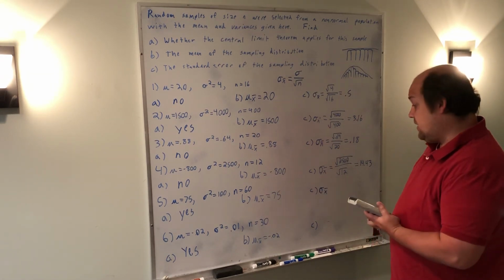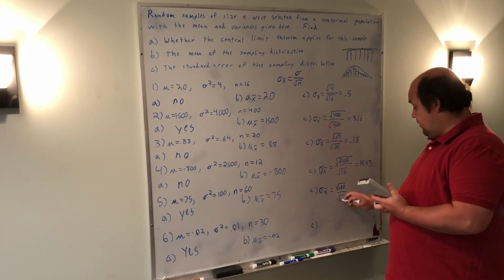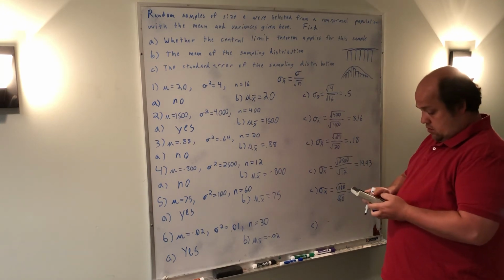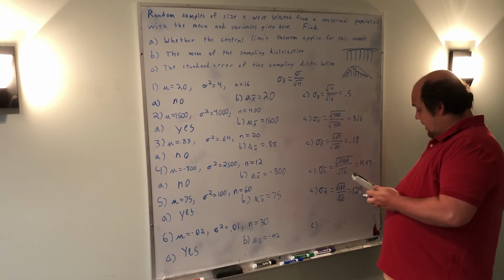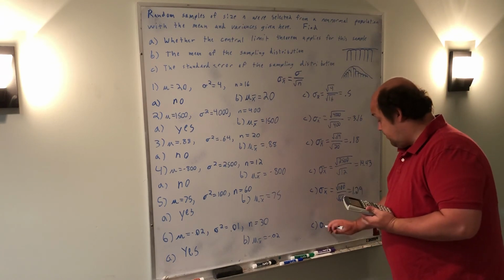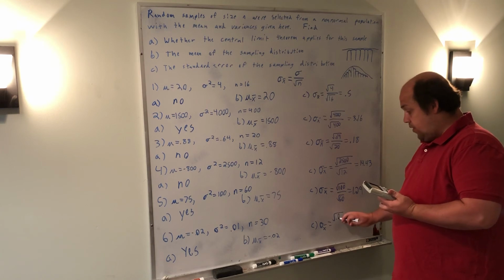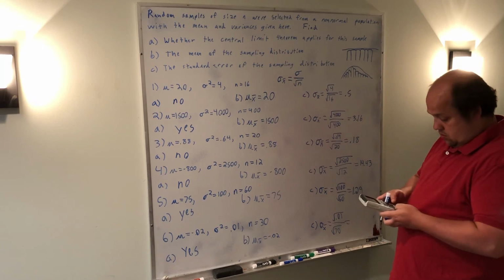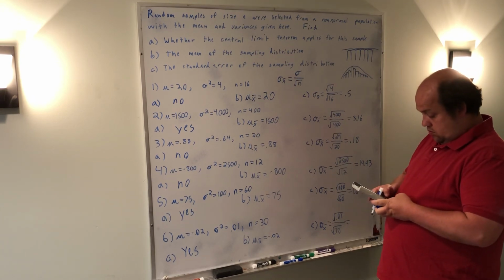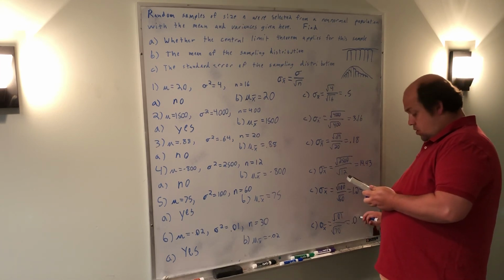For number 5, sigma sub x bar equals the root of 100 over the root of 60. I get that to be 1.29. Finally, for number 6, sigma sub x bar equals the root of 0.01 over the root of 30. I get that to be 0.018.